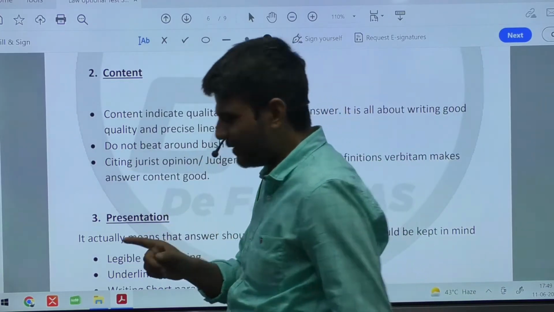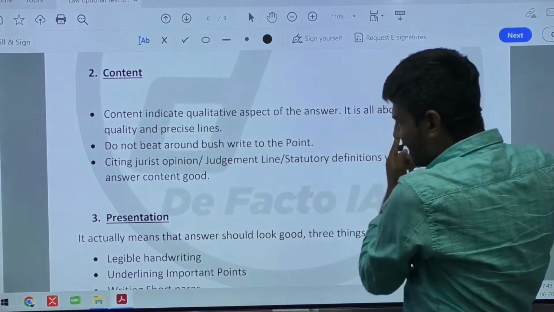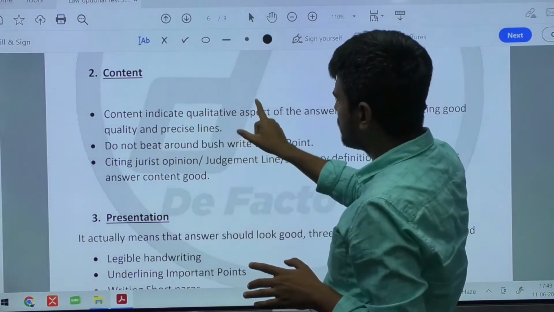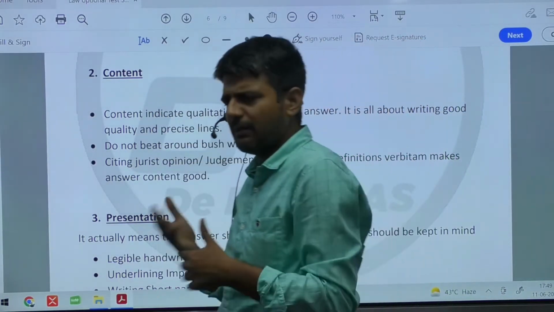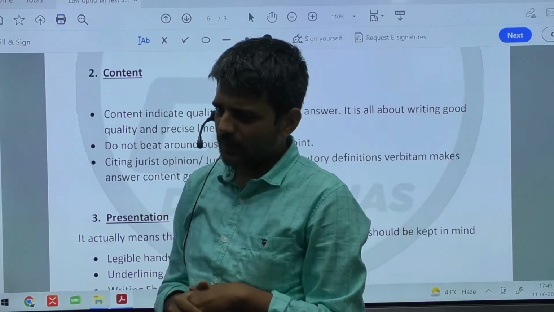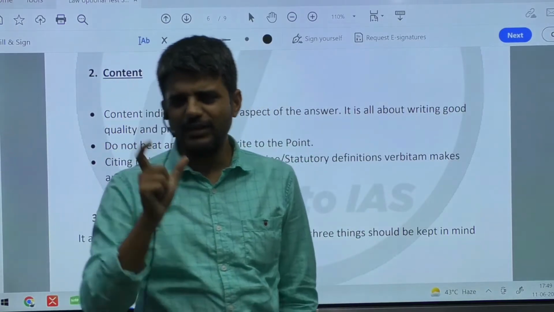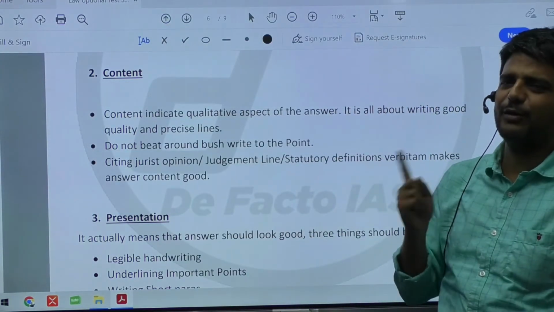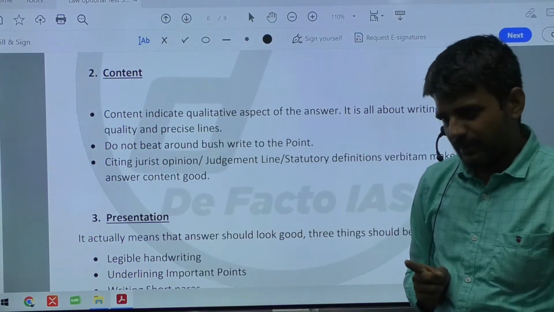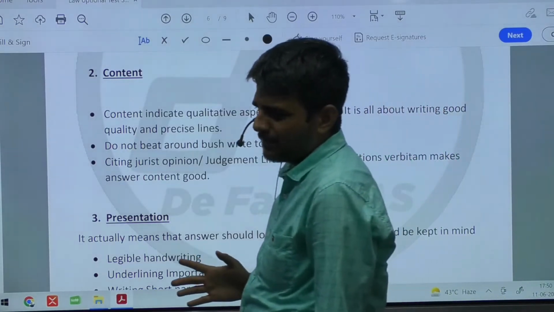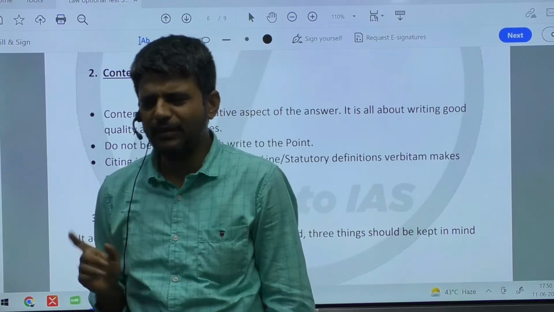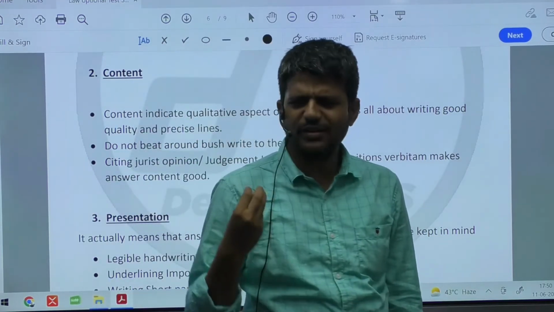You have to cite one line in brackets, or you can cite the case, Maneka Gandhi's case, comma, this. That's it. People make a habit of it the other way also. Only the ratio. You don't have to write the whole fact of the case. Never ever do it. It is a waste of time, as well as a waste of your answer quality. Not needed at all.